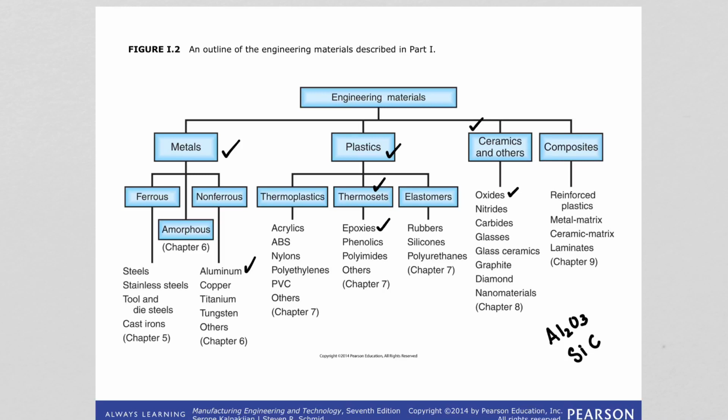It's a compound. That being said, oxides, nitrides, carbides, glasses, graphite, diamond are all included in the family of ceramics.